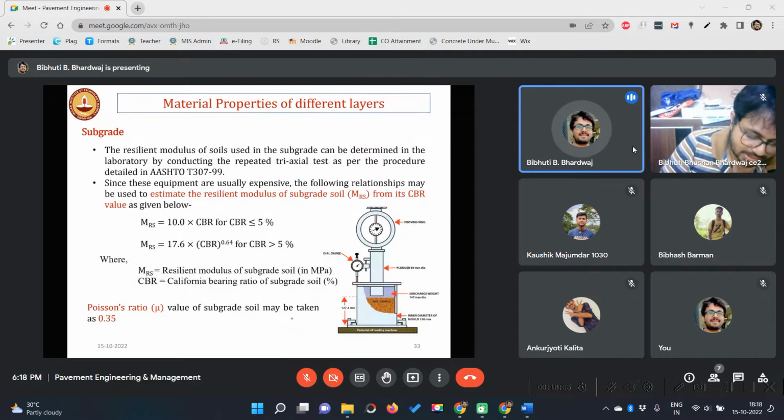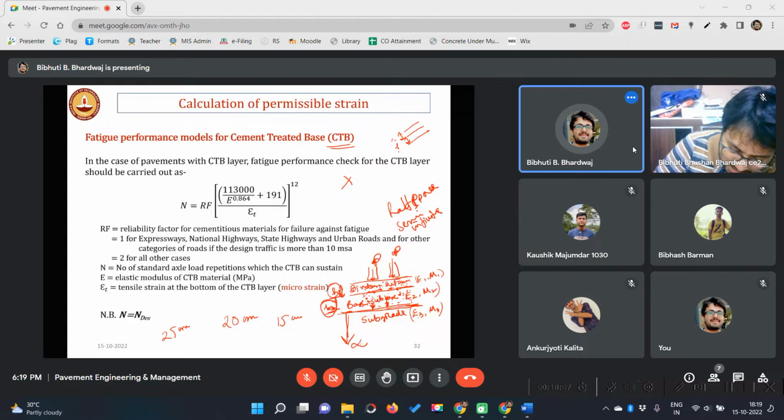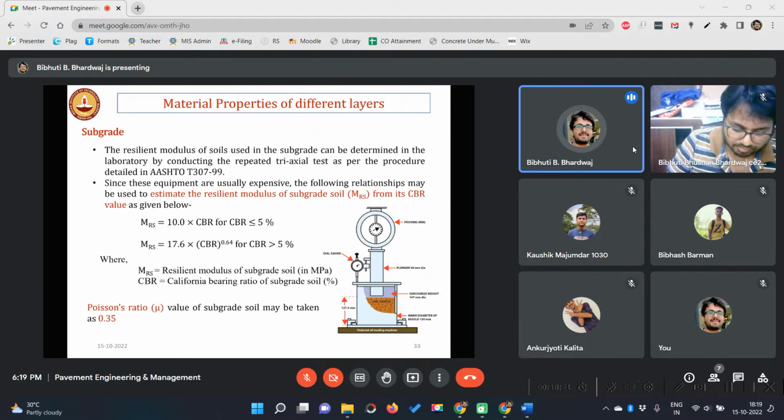So first we will discuss finding the E value and mu value of the subgrade, which is made up of soil only. Alright. So for soil, how to find out the elastic modulus? And here in pavement design, the modulus of resilience and elastic modulus are both assumed to be equal.